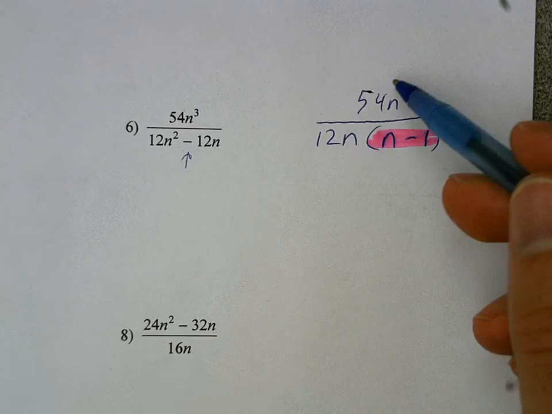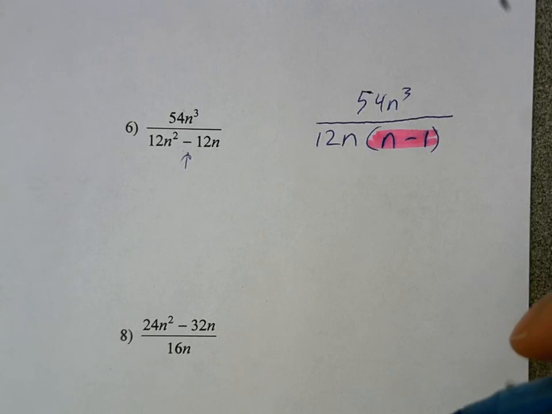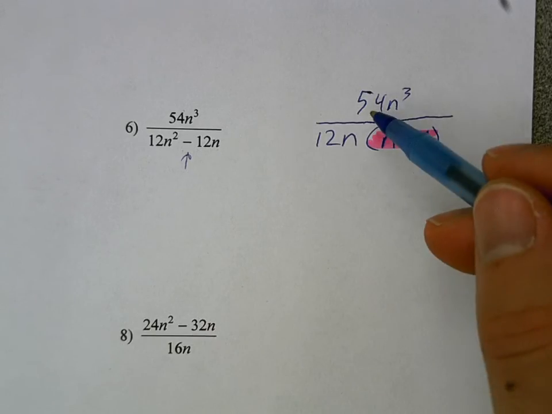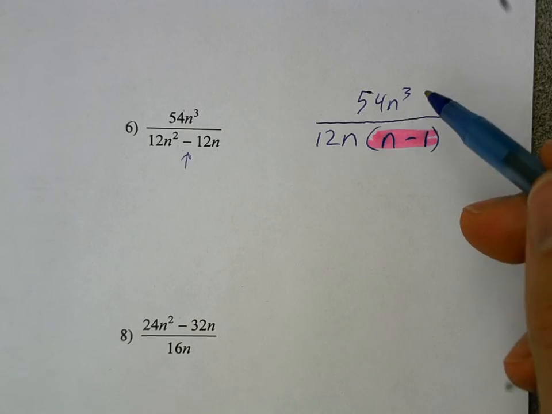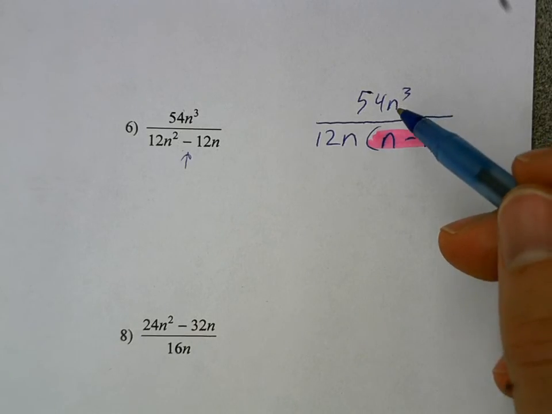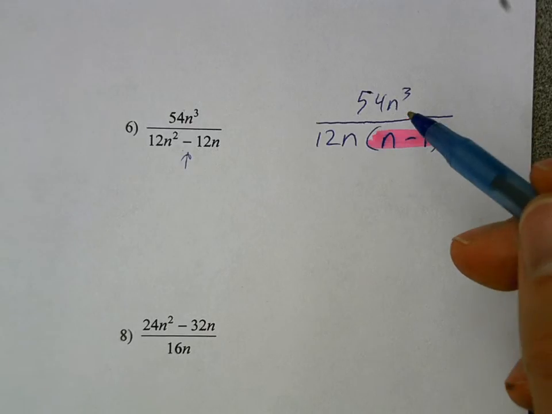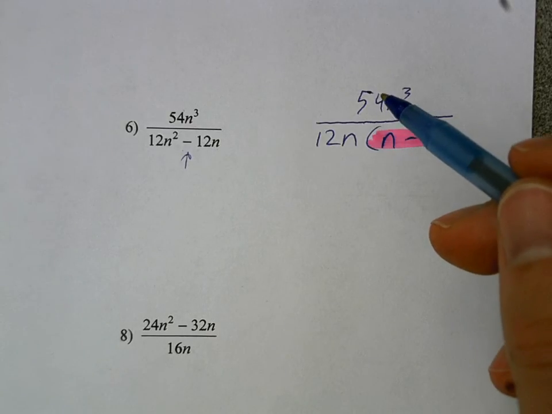What's the biggest number that goes into 12 and 54? 3. So I think you could go a little bit bigger. 1.5. Yes, but we're aiming for whole numbers. Getting closer though.